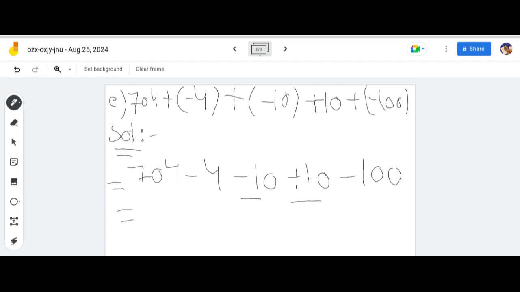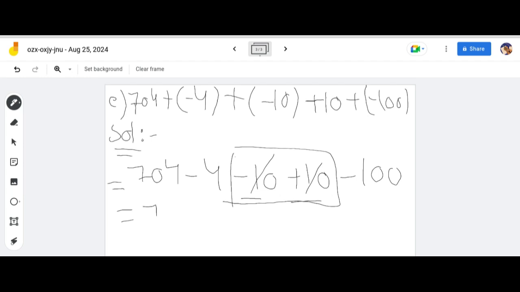When we have the same number with the opposite sign, what do we do? When we have two same numbers with opposite signs, we can cancel them out.